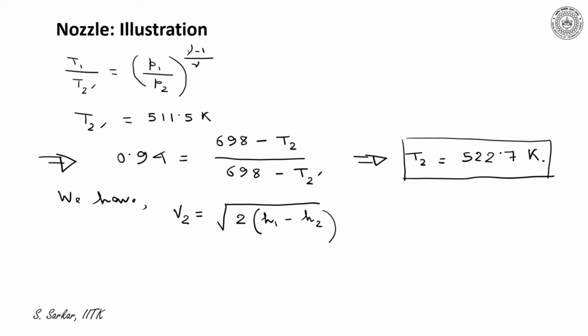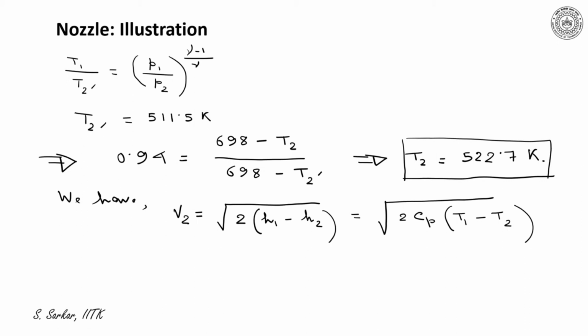That can be written as root over twice Cp into (T1 minus T2). I know the value of T1, I know the value of T2, I know Cp.